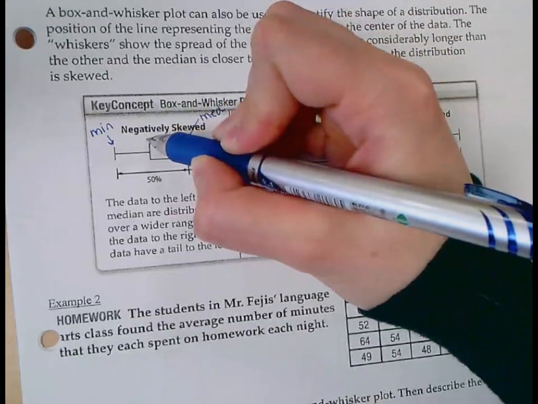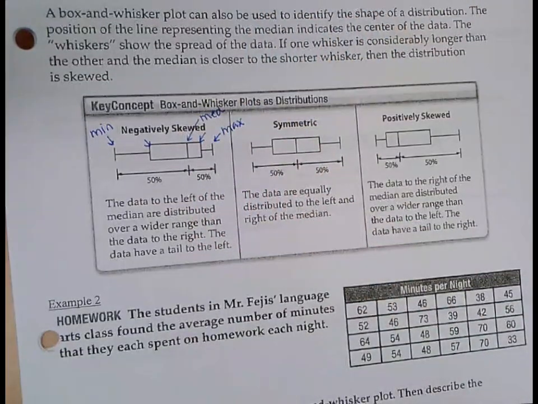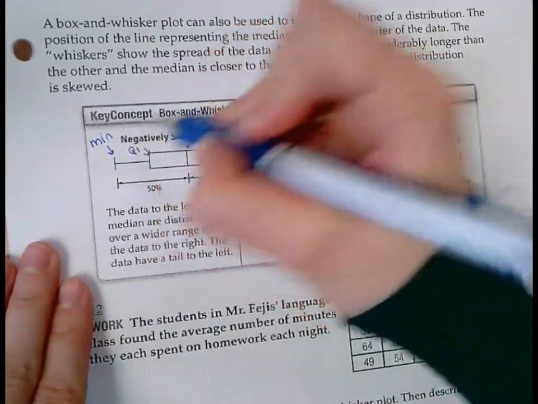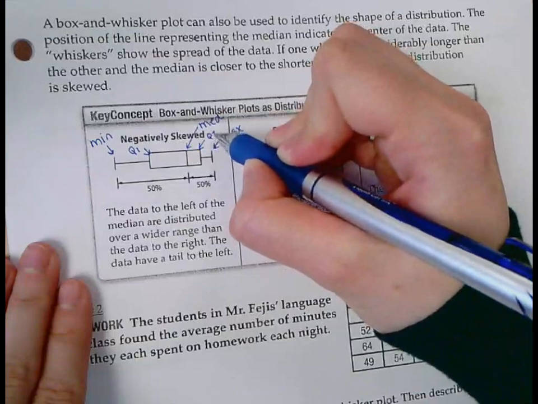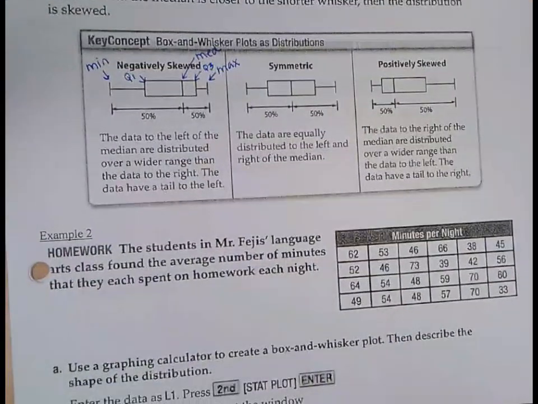And then the 2 outer sides of the box, so what creates the box, those are your quartile 1 and your quartile 3. Okay, so it really shows the 5-number summary. It shows where the min is, where the max is, and then where the 3 quartiles are, including your median.